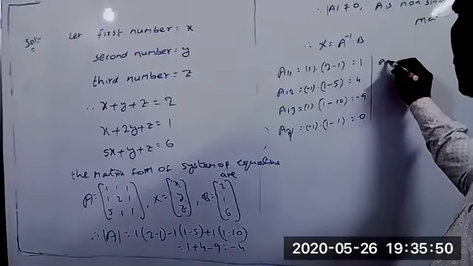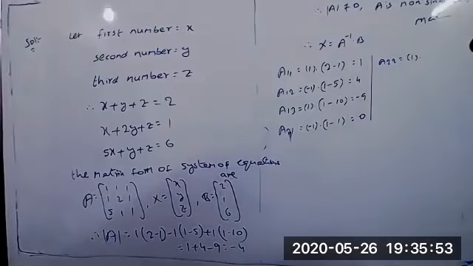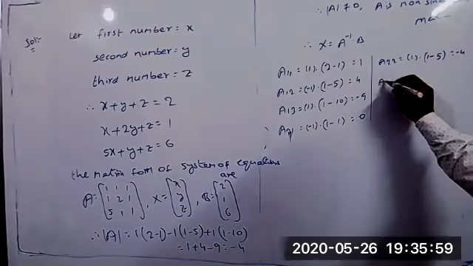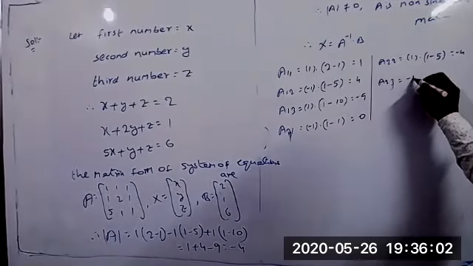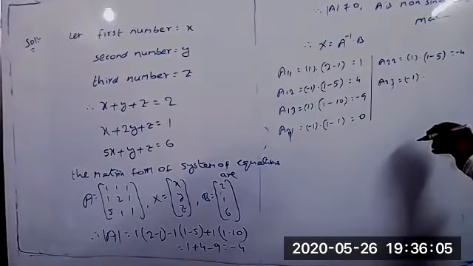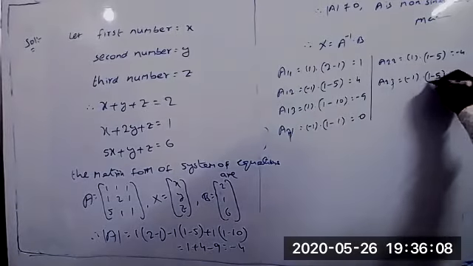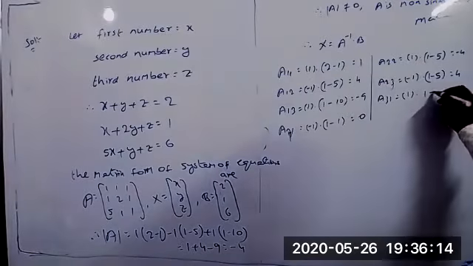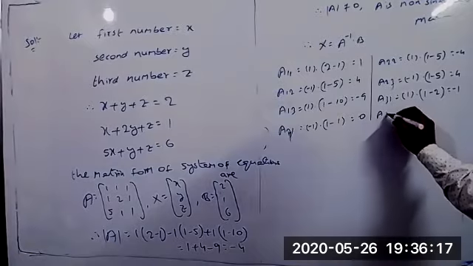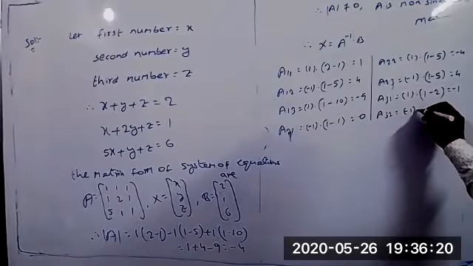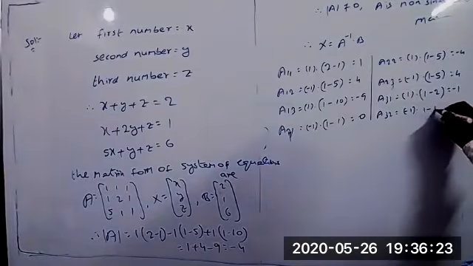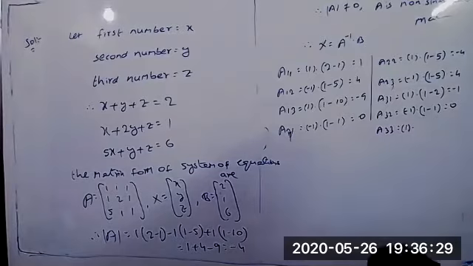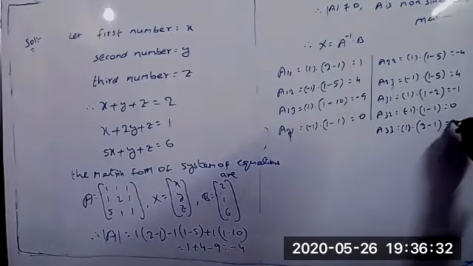Next, A22 equal to plus 1 into (1 minus 5) equal to minus 4, A23 equal to minus 1 into (1 minus 5), it is equal to plus 4, A31 equal to plus 1 into (1 minus 2) equal to minus 1, A32 equal to minus 1 into (1 minus 1) is equal to 0, A33 equal to plus 1 into (2 minus 1), it is equal to 1.